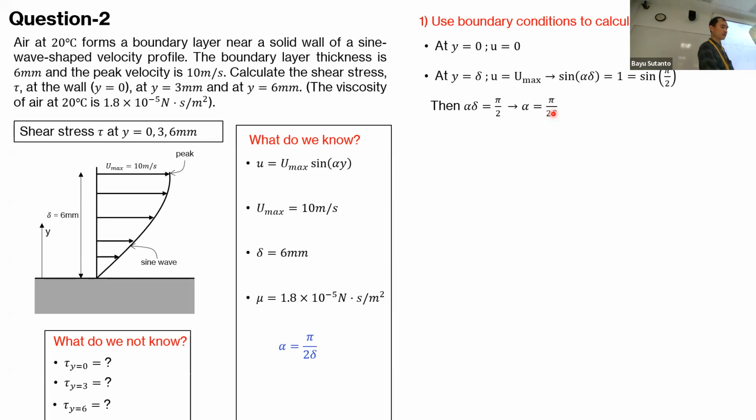So the maximum must be Umax sin of alpha y, because we define that y not as pi per 2 but as delta. So when y equal to delta it must be similar to pi per 2, because if we input y equal to delta over delta, we have pi per 2. When y equal to 0, sin 0. So it's going to be similar. It's an analogy: we have the case of the sine function and we input it in a straight line.